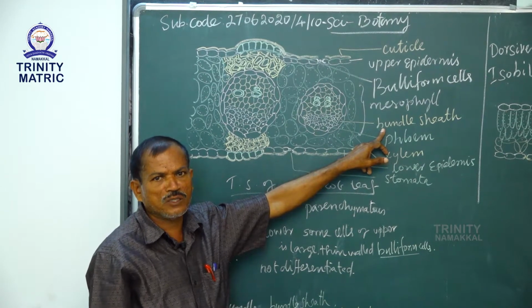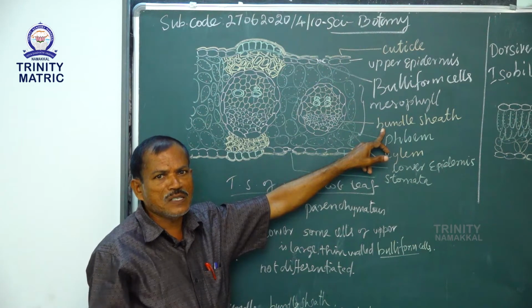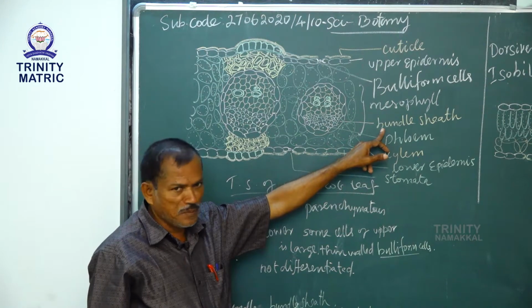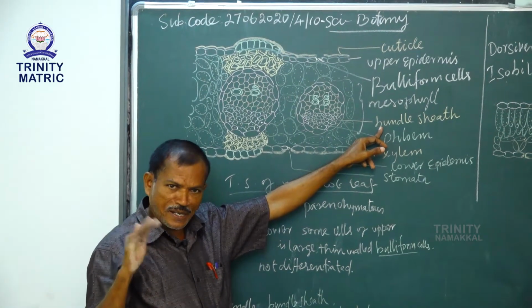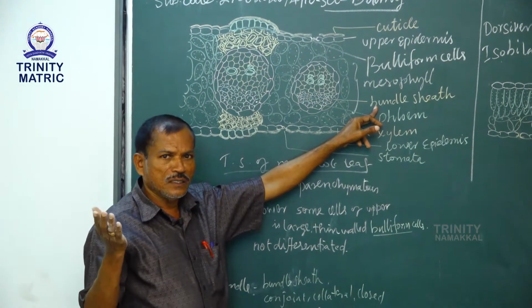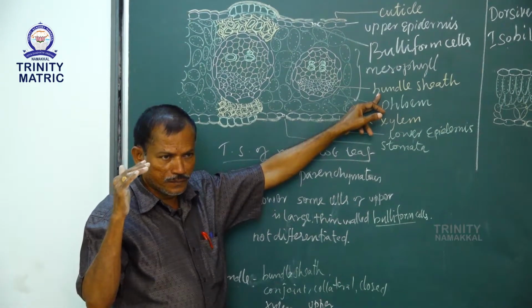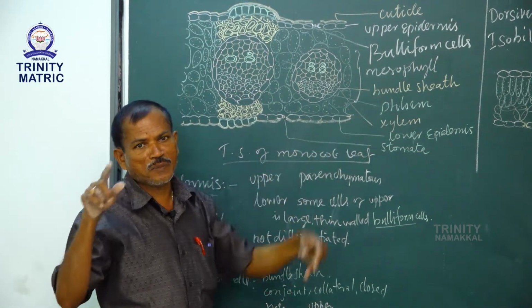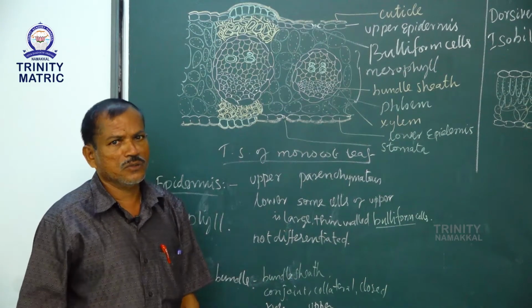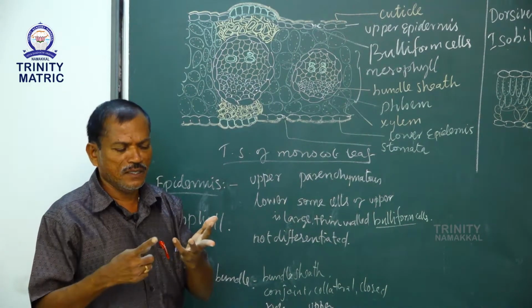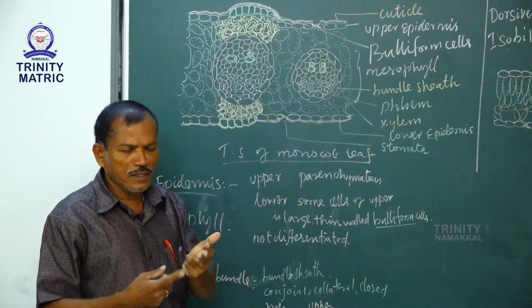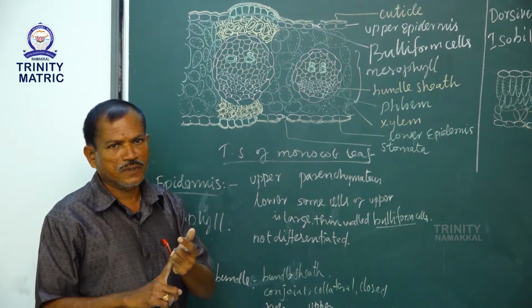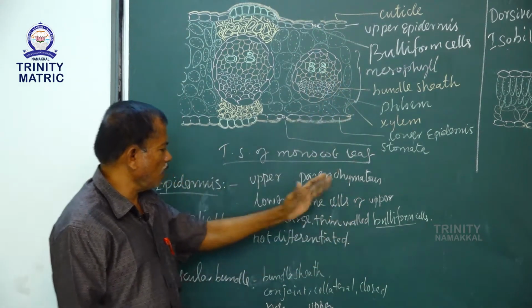Sometimes one more question is asked. In the monocot leaf, the bundle sheath is made up of parenchyma cells. The dicot leaf also has parenchyma cells. In the monocot stem, the bundle sheath is made up of sclerenchymatous cells. You should know the difference between the monocot stem, dicot leaf and monocot leaf. Understand?